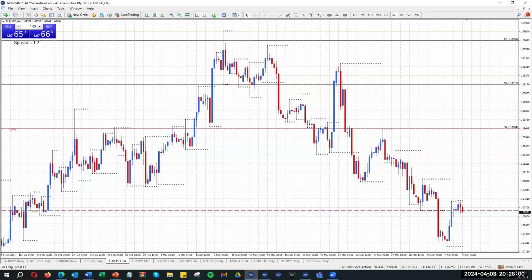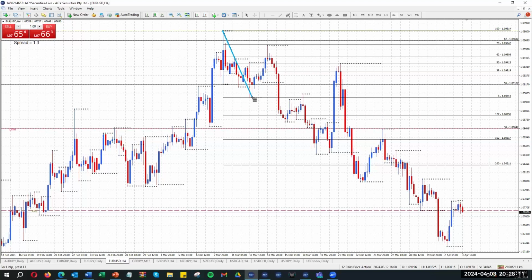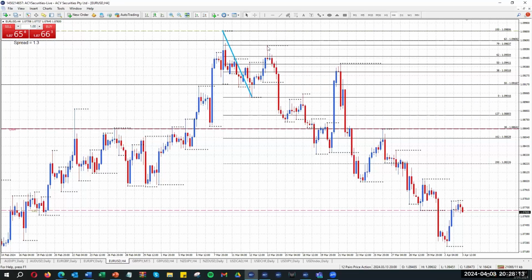So we come down to this point. And lo and behold, price comes up to the 79% level. All right. Now, you may not yet have started to realize that maybe we're topping out up here from the day chart just yet.